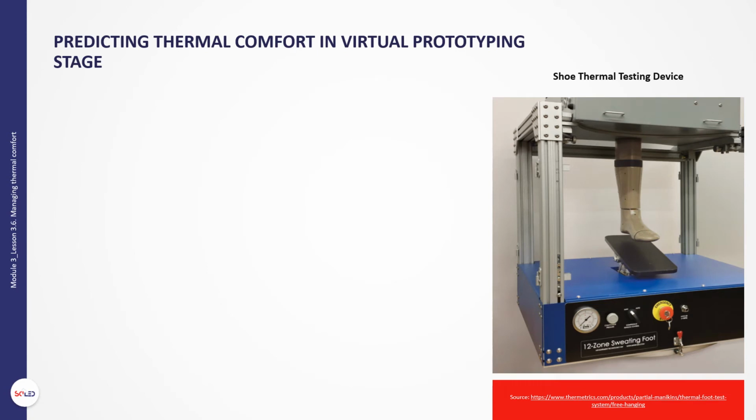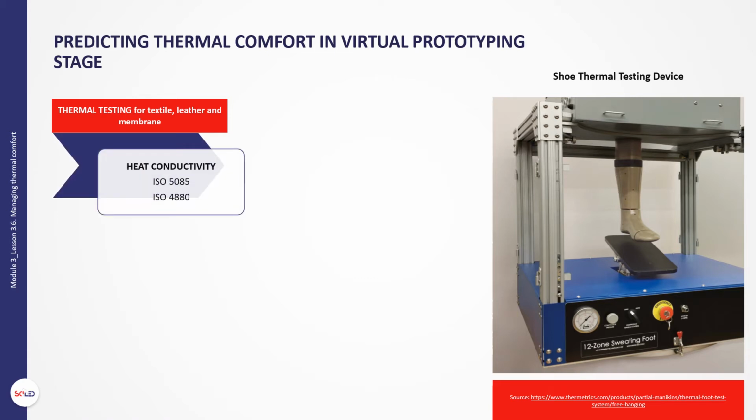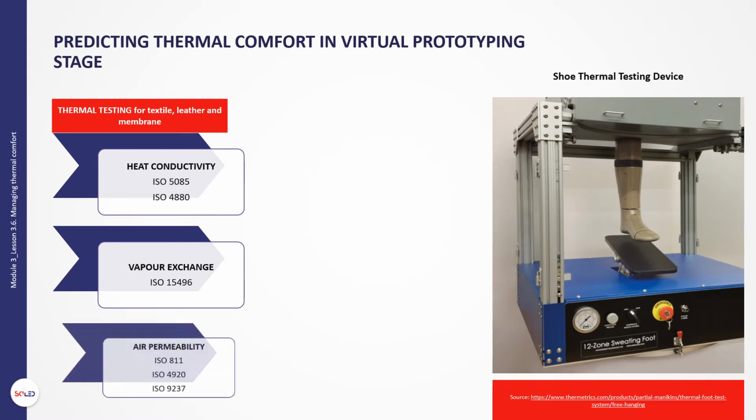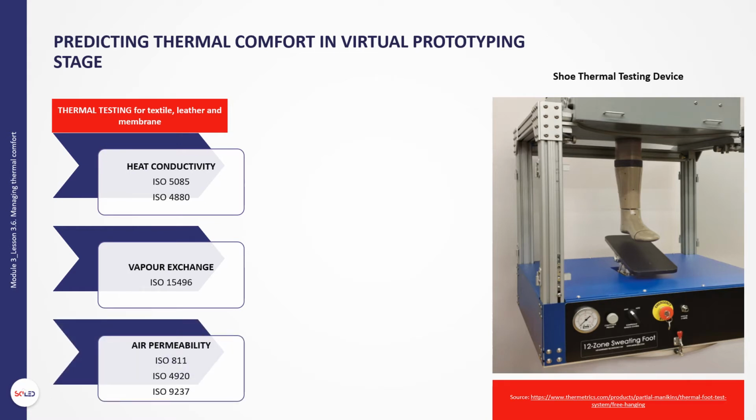Predicting thermal comfort in virtual prototyping stage. For most textile, leather and membrane components there are well-defined heat conductivity tests, for example ISO 5085, ISO 4880, vapor exchange tests, for example ISO 15496, water and air permeability tests, for example ISO 811, ISO 4920, ISO 9237 etc., and data in several material databases.